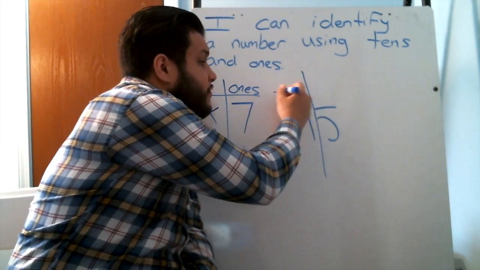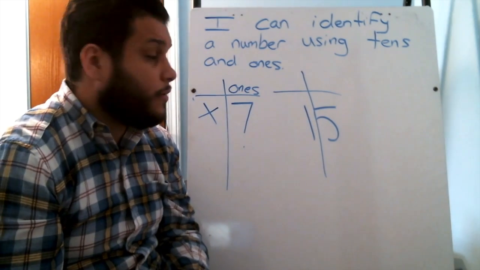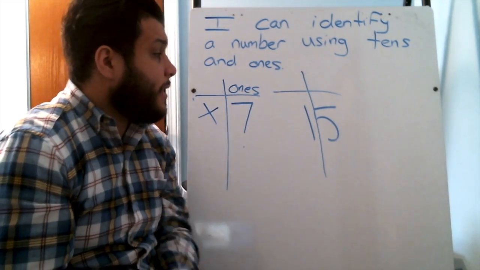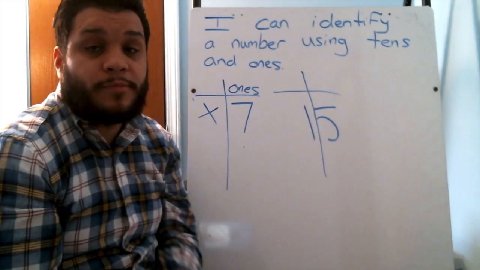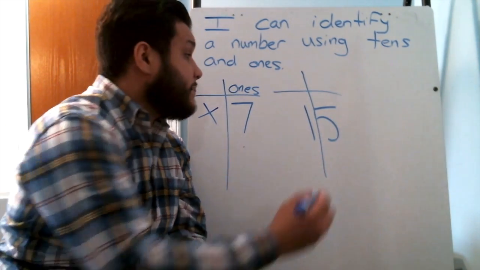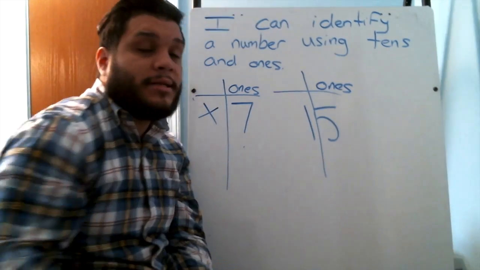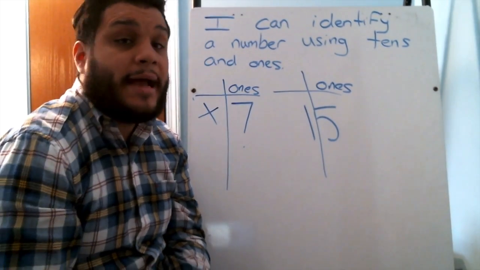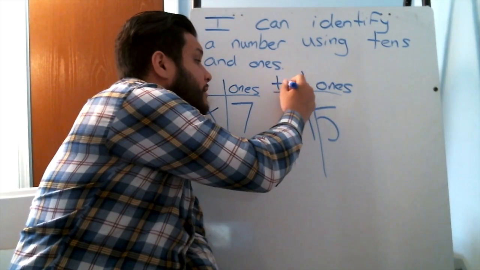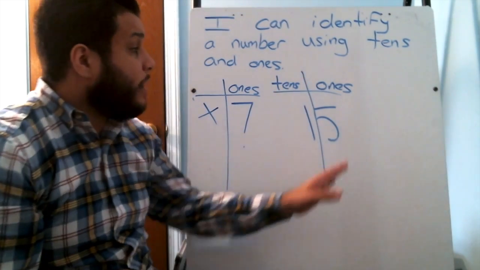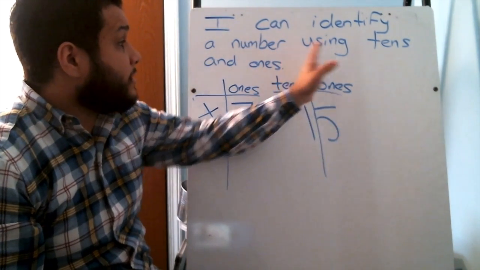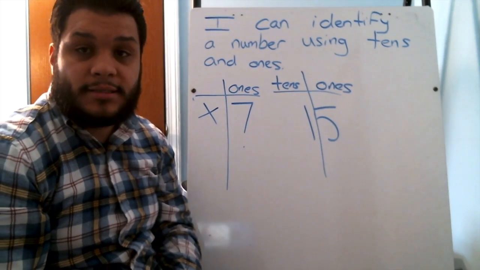Well, let's see if 15 follows our two-digit rule. The 5 is in which place value? Yes, it's in the ones place. And my 1 is in which place value? Yes, it's in my tens place. Do I have a number that's using tens and ones?